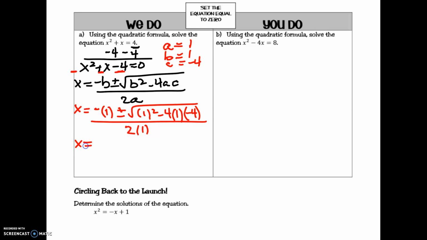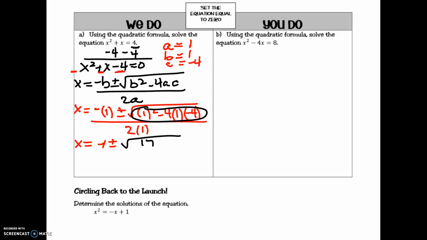From here, you can simplify anything that you see. So this would be a negative 1 plus or minus. The way I would handle this messy square root is to just plug this whole string into your calculator all at once without the square root and figure out what goes inside of that square root, which in this case ends up being 17.